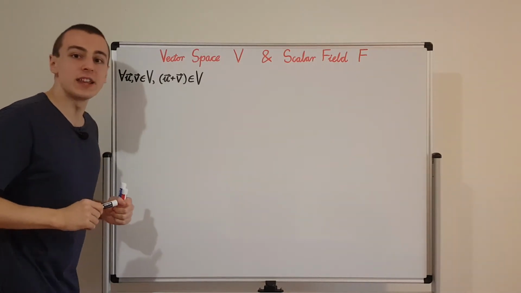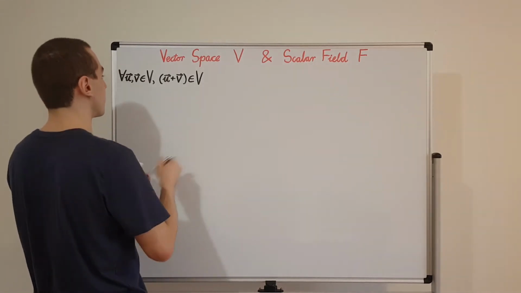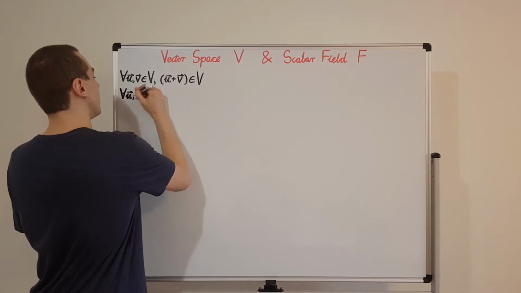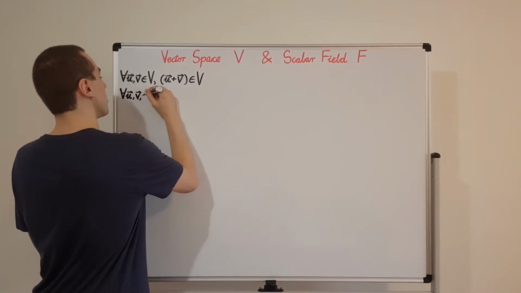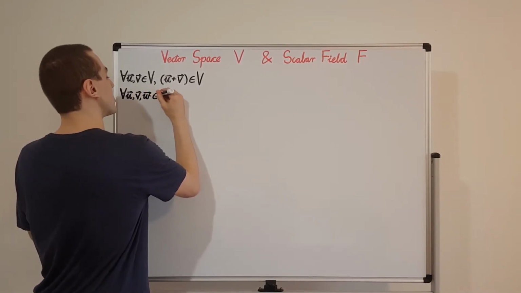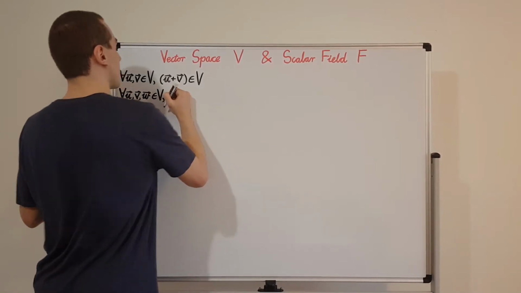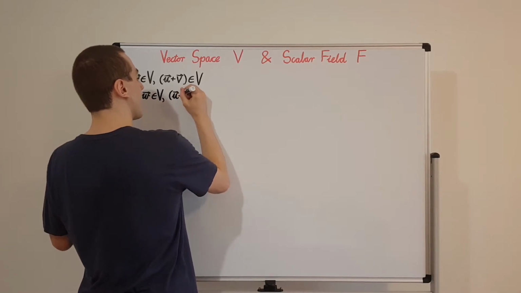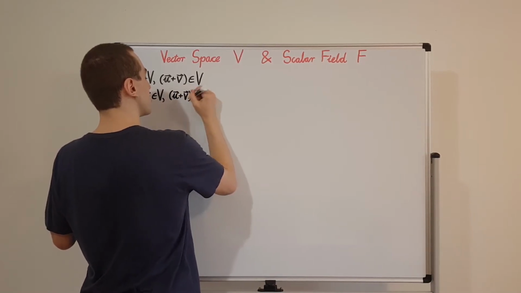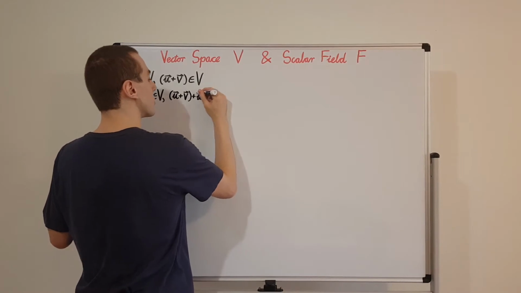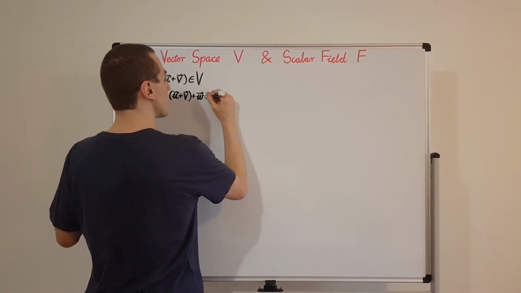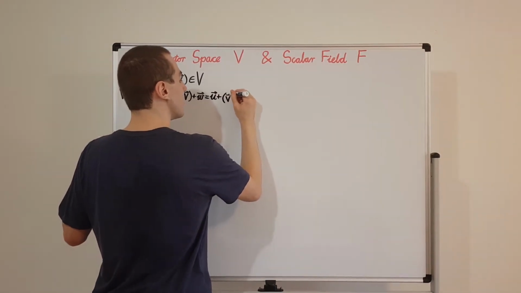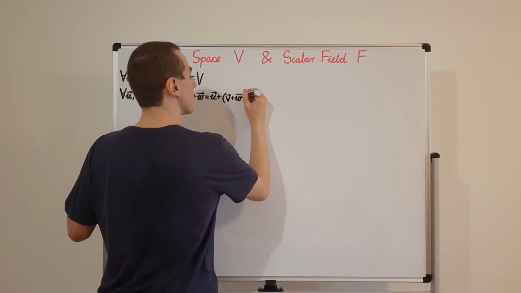Next, let's have a look at the associative property for vector addition. For all u, v, and w, which are elements of the vector space, I want the sum of u and v, which is then added to the vector w, to be equal to u plus the sum of v and w.